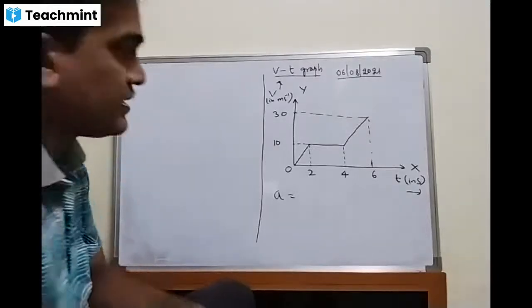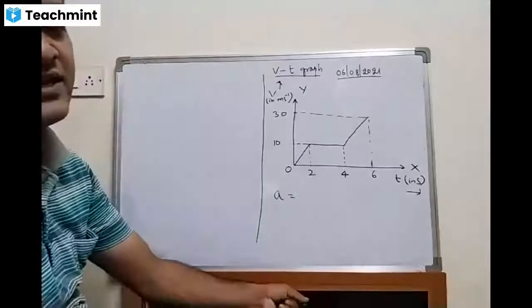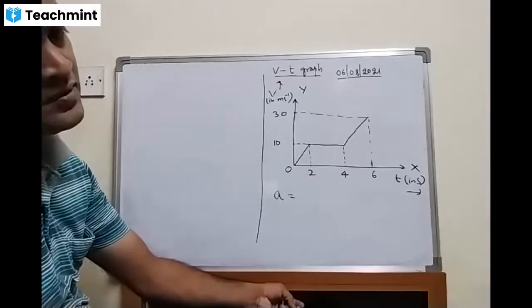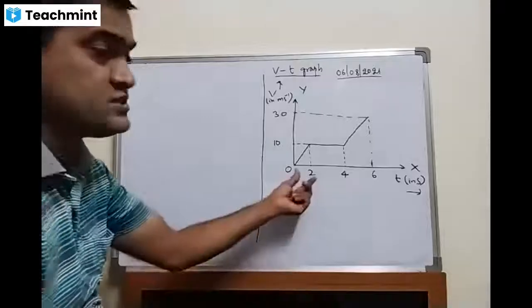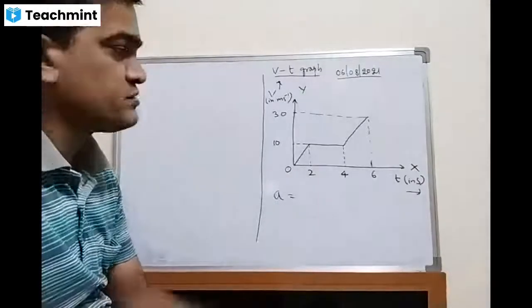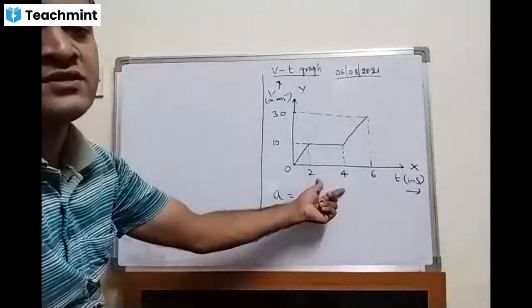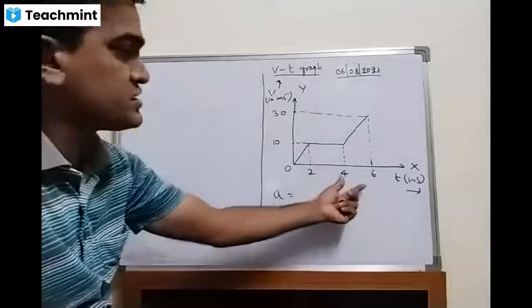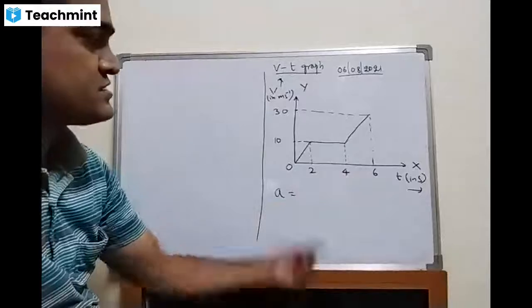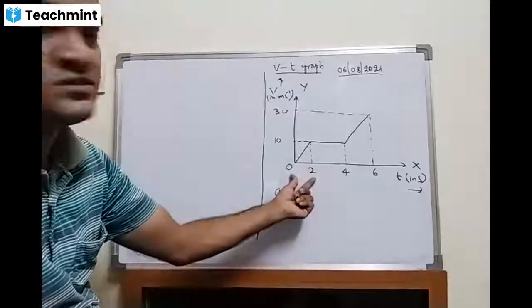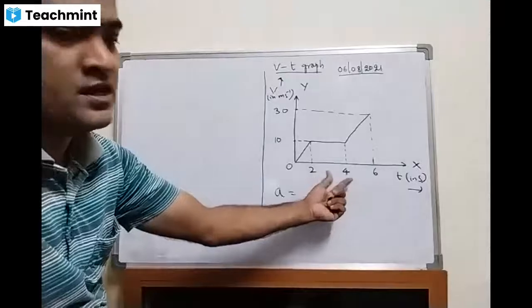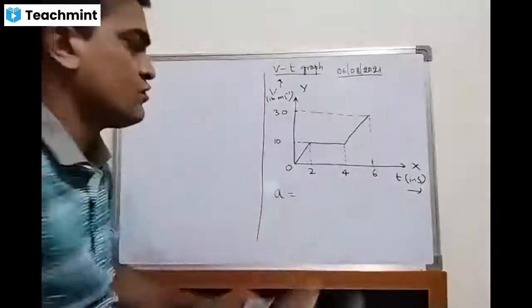From this v-t graph, I need acceleration between 0 and 2 seconds, acceleration between 2 and 4 seconds, and acceleration between 4 and 6 seconds.